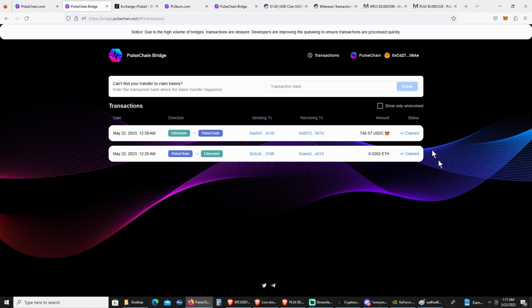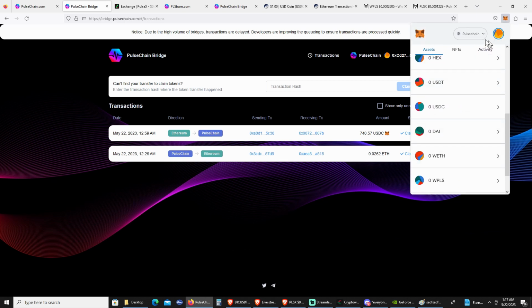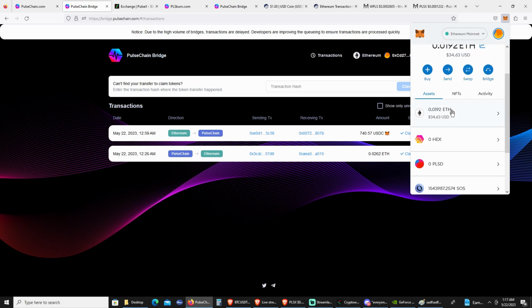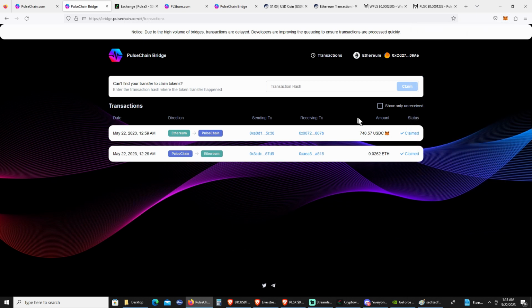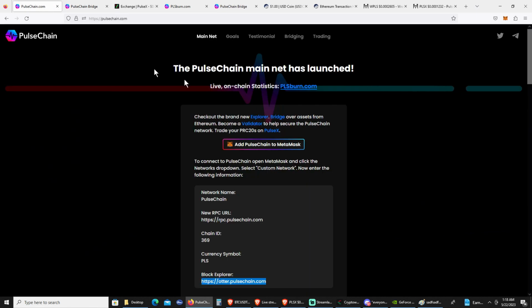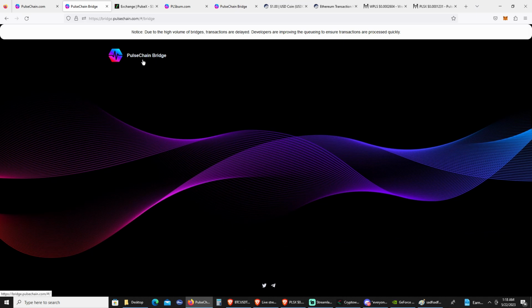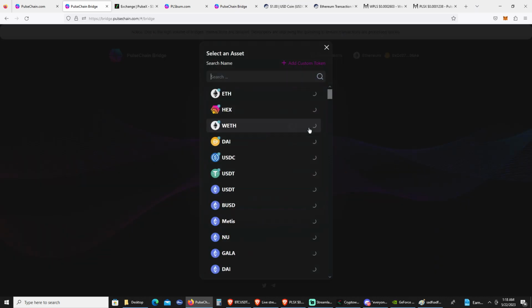And when you do this, you're going to need some Ethereum in your Metamask. I think at least $20 to $30 worth of Ethereum inside your Ethereum mainnet. I have $30 here, so that should be enough if I need to get out. Let's just see the cost right now real quick. If I want to bridge something out into Ethereum, let's see what I have right now.